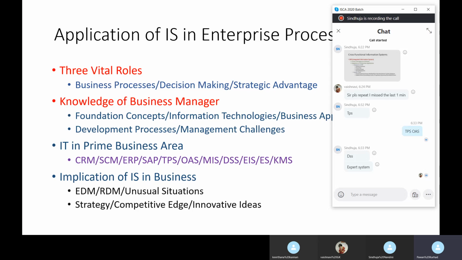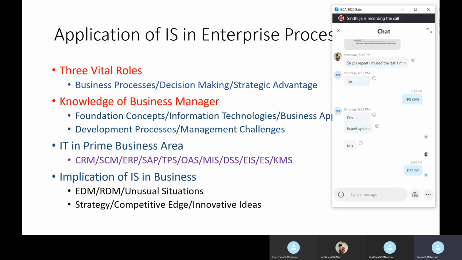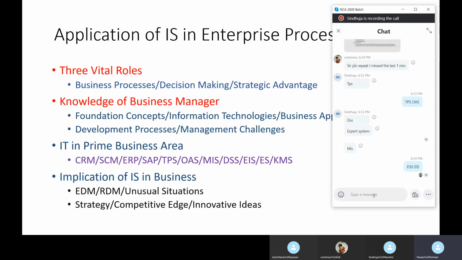So the two softwares that we will use for decision making are DSS and EIS. MIS will also come in business processes only.